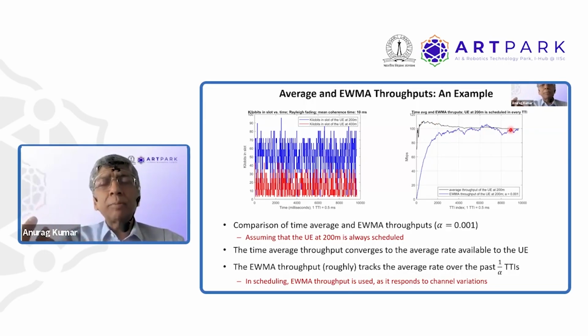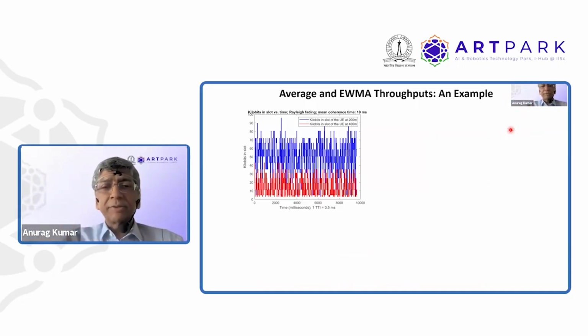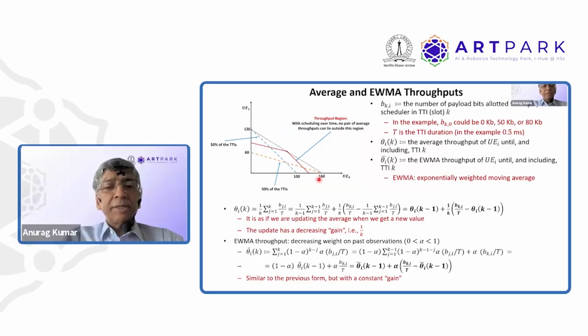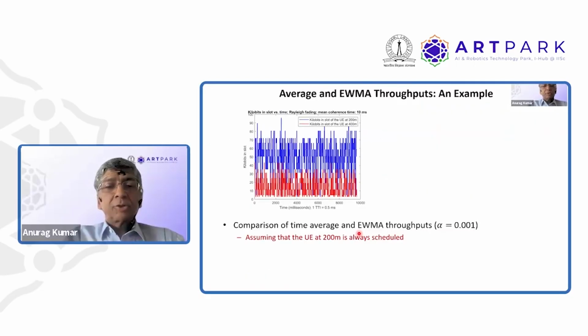Where did 100 Mbps come from? Recall the rate region. Let me go back to the rate region. I'm looking only at the blue state. Sorry, forget that, this is a different example. If you were to average this, remember this is over 0.5 milliseconds.